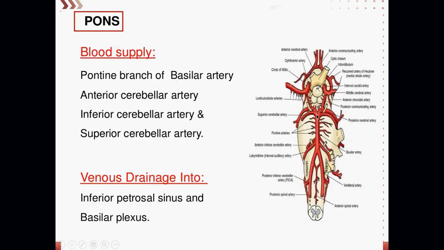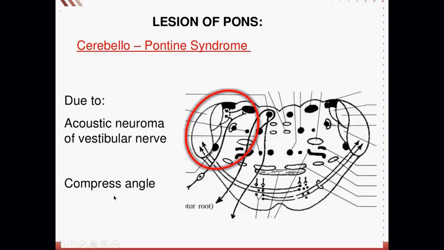At the superior border there is a branch arising, the superior cerebellar artery, and at the inferior border there is the anterior inferior cerebellar artery, and the pontine branches from the basilar artery. Venous drainage is to the inferior petrosal sinus and basilar plexus.